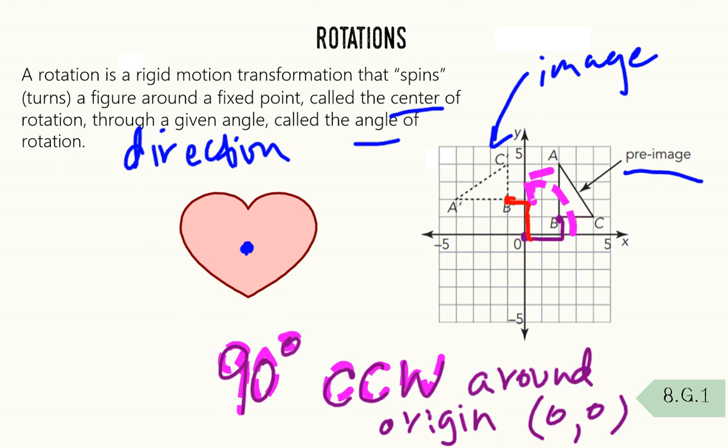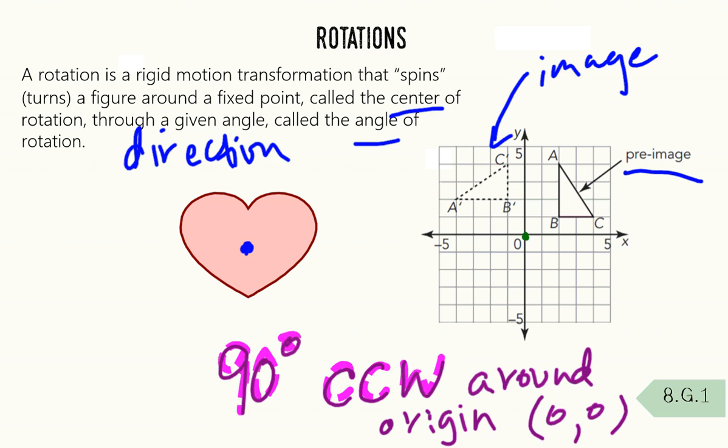We can rotate around any point. It's just that often we will be rotating around the origin. We'll be rotating around 0, 0. I could do that same process for any of these points, and I would find the same thing happening with every hook that I drew.